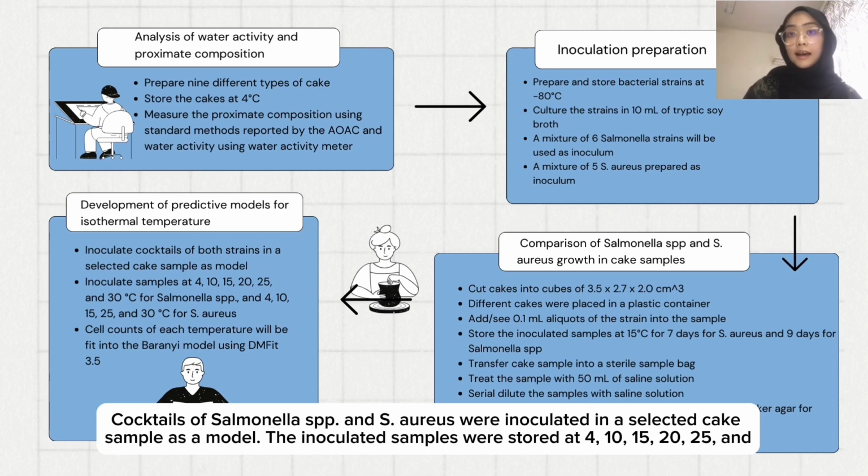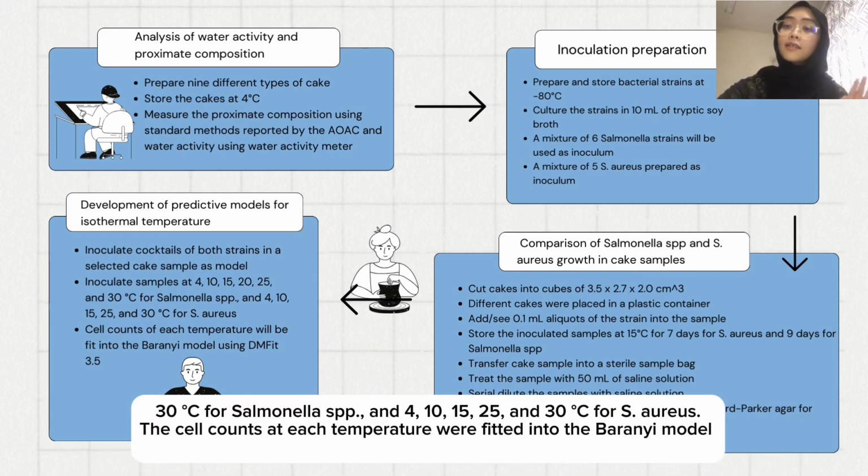Cocktails of Salmonella species and S. aureus were inoculated in a selected cake sample as a model. The inoculated samples were stored at 4, 10, 15, 20, 25, and 30 Celsius for Salmonella species, and 4, 10, 15, 25, and 30 Celsius for S. aureus. The cell counts at each temperature were fitted into the variant model.